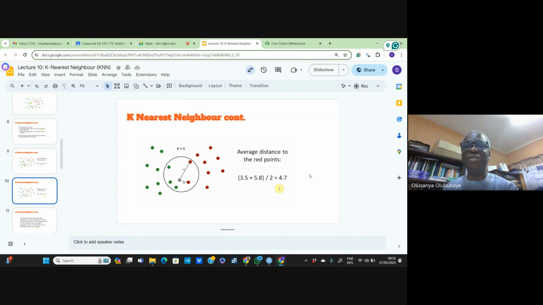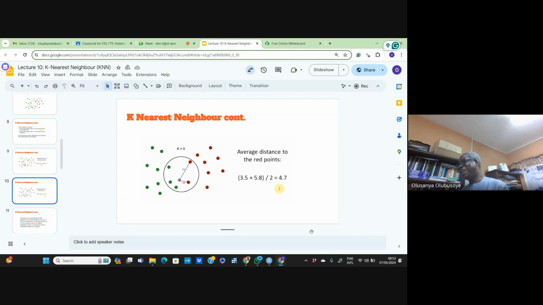So it is possible to have equal distance. So what if you have equal distance? Let's say when you have chosen 5 nearest neighbors, you can now increase the number of neighbors to 6. You get my point? You can now increase the number of neighbors to 6 and recompute the average.